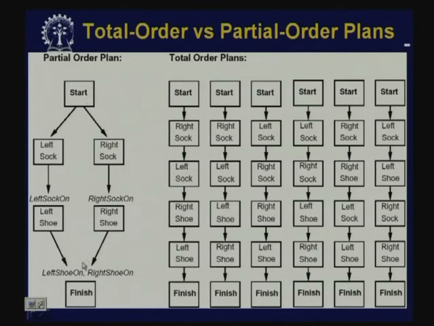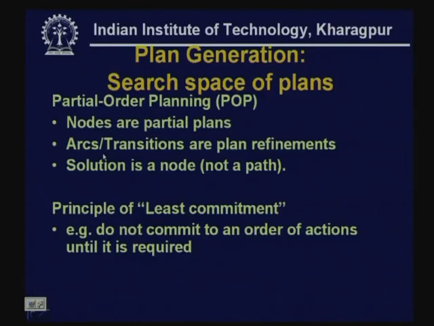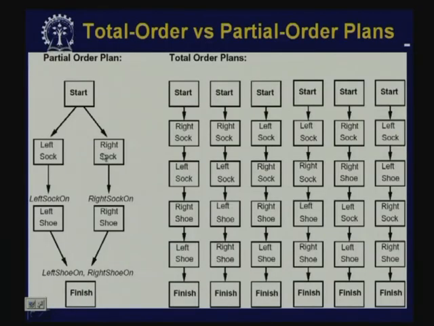This partial order plan says that you must put your left shoe after your left sock and right shoe after your right sock, but the order between them may vary. So, this is the start state, this is the finish state, and these 4 actions have to be performed in any order so long as they satisfy this constraint, that left shoe is after left sock, right shoe is after right sock. Okay. So, this is an example of a partial order plan.